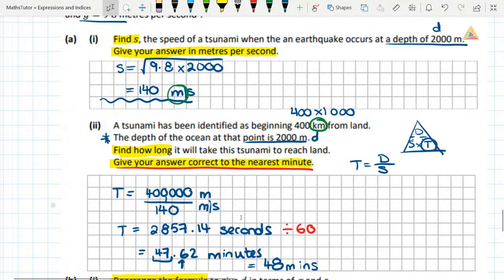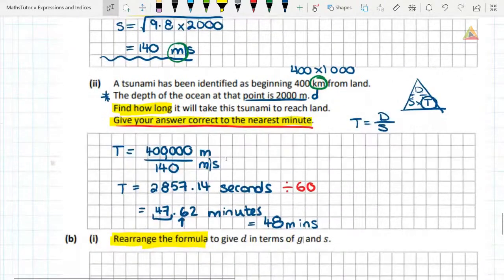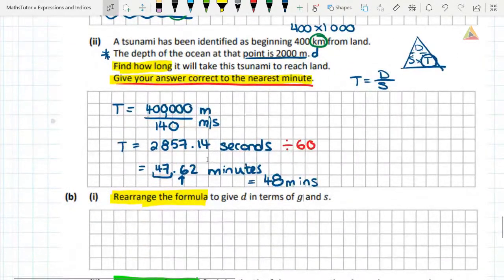And then we're going to see the part about rearranging our formula. This time it says rearrange the formula to give D in terms of G and S. So we want D is equal to what?